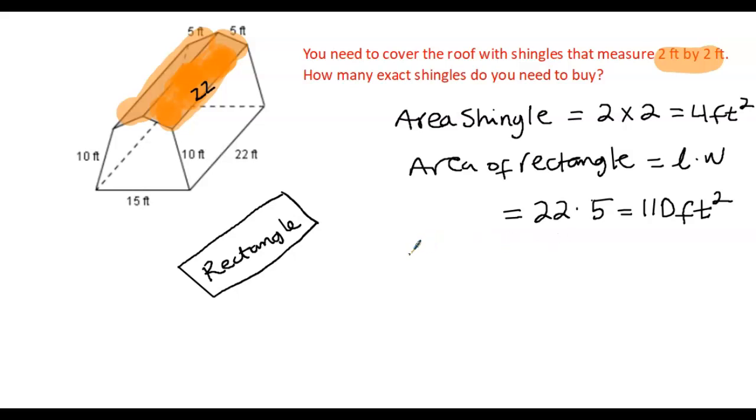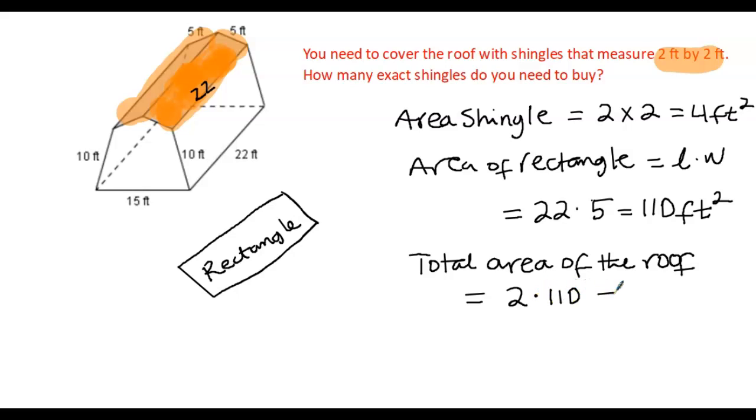So for us to find the total area of the roof, it's going to be 2 times 110. It's going to be 220 feet squared.